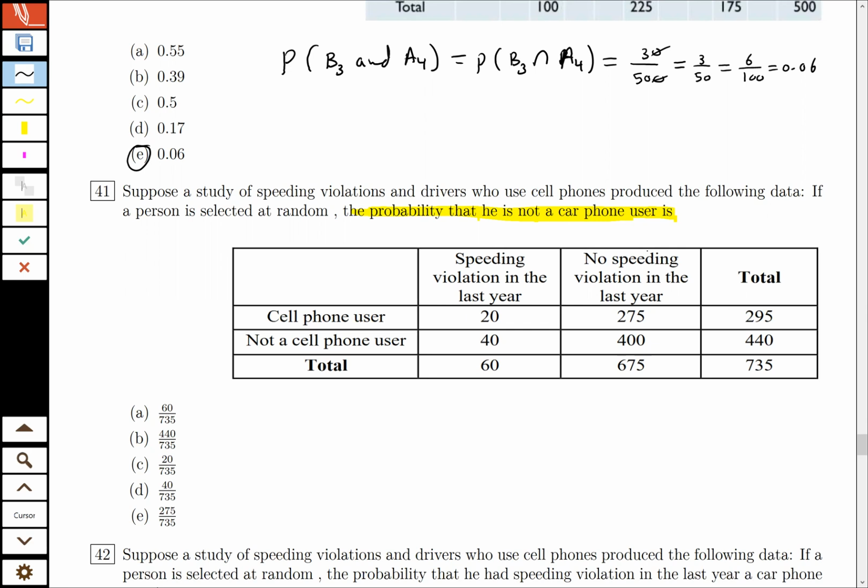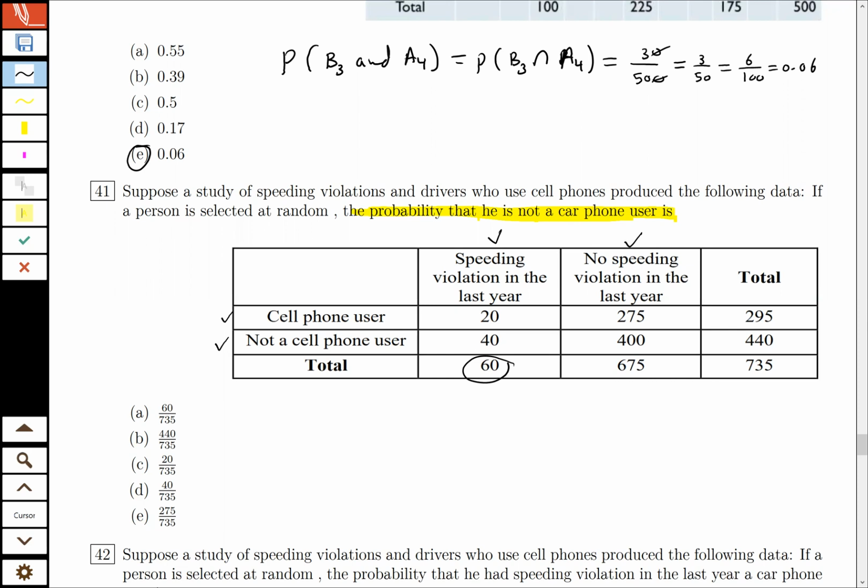Here we have two things. We have speeding violation last year. Those who get speeding violation, we have here two categories: having speed violation, not having speed violations, and we have cell phone users, and they don't have a cell phone. Those who get violations, 60: 20 of them have a cell phone, and 40 of them don't have a phone, but still they have a violation in speed.